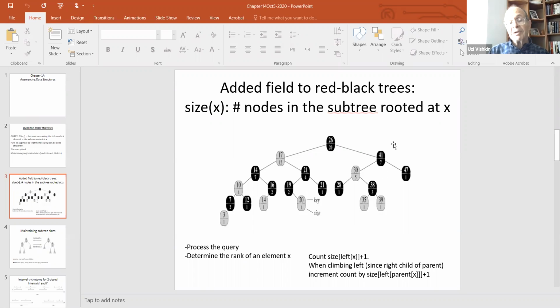Here you have 7 because you have 7 here. And it's no surprise that it's 20 because 12 plus 7 plus 1 is 20. Okay? So clearly, if you look at the two children of a node, they should sum up plus 1 to what you see at the node. Okay. So these are all the fields that we need.